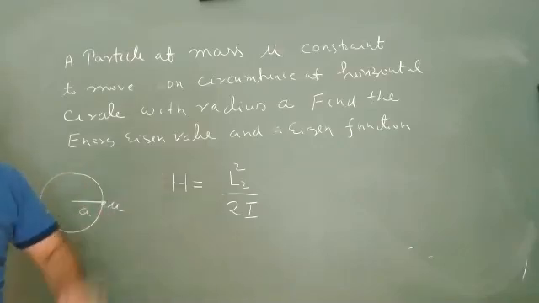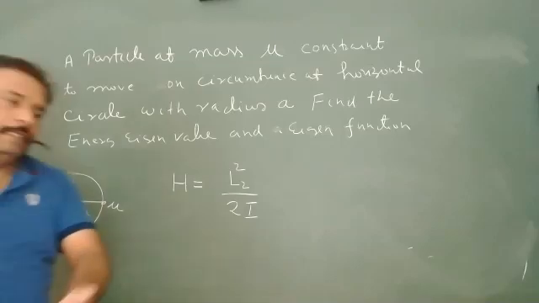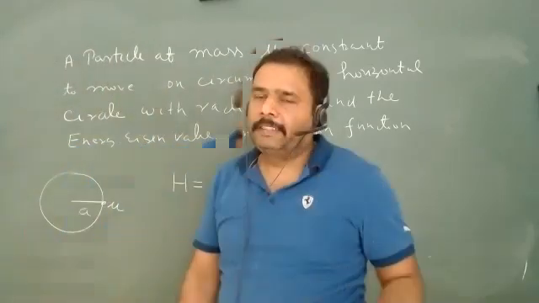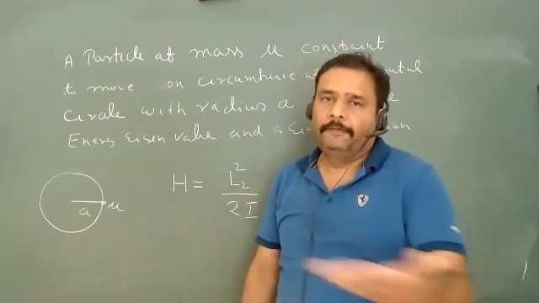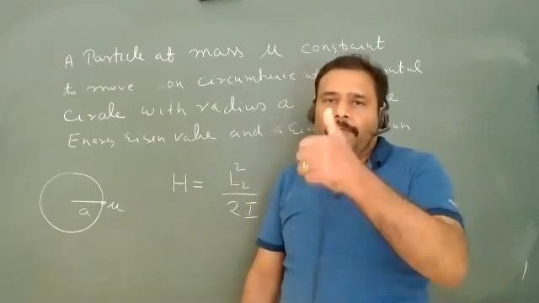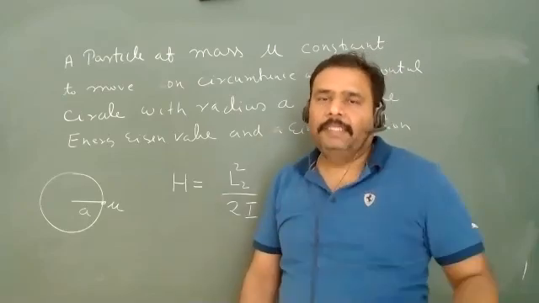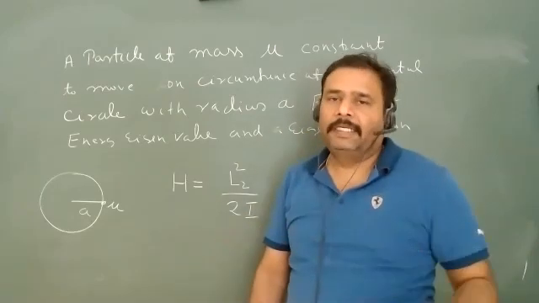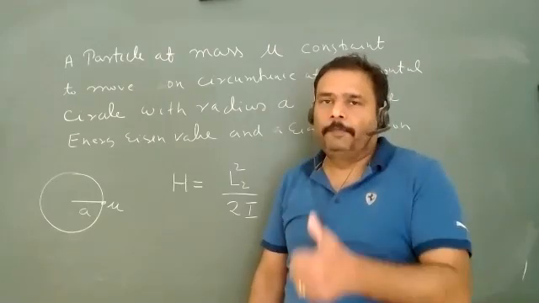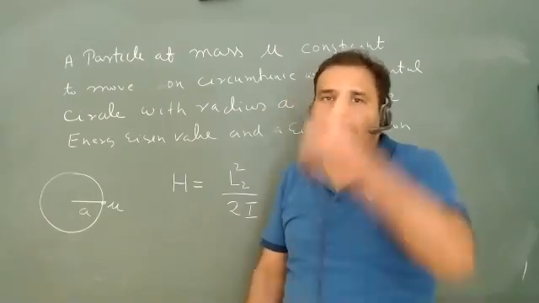L square is nothing but Lz square. We have done this in classical mechanics. If you are rotating in a circle, what is the direction of angular momentum? Perpendicular to the plane. So if I am rotating the particle in a horizontal circle, the direction is perpendicular to the plane. So the direction of angular momentum is Lz square.